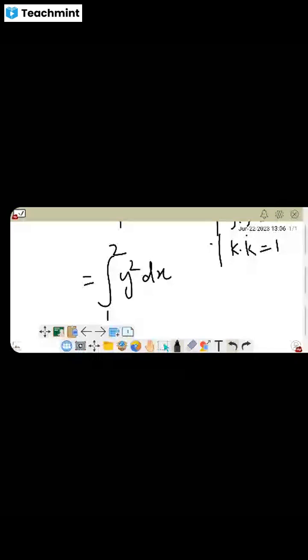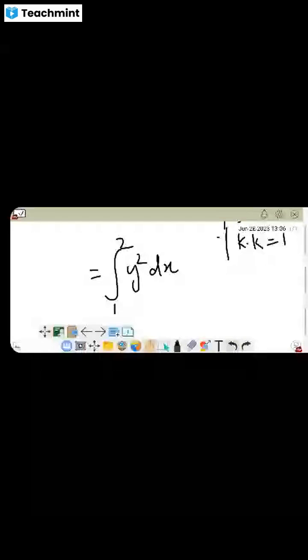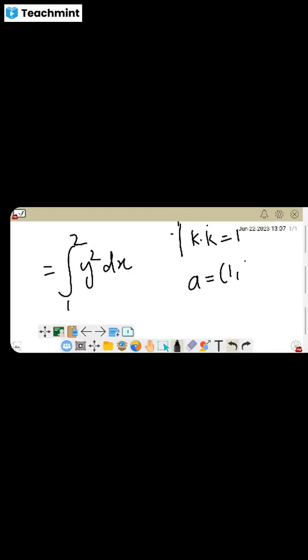See, initially we have point A at (1, 1, 0).